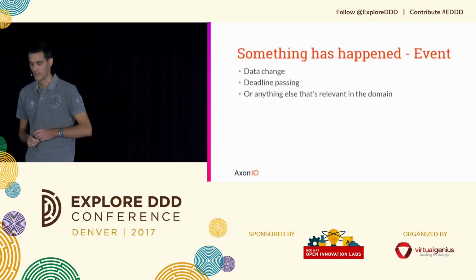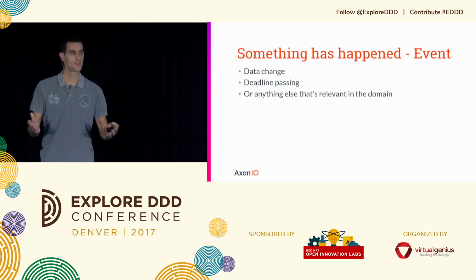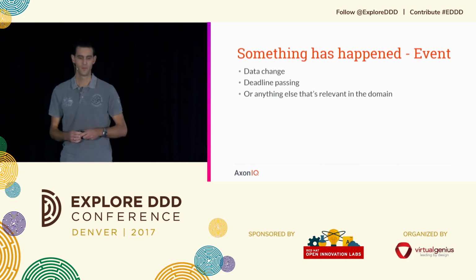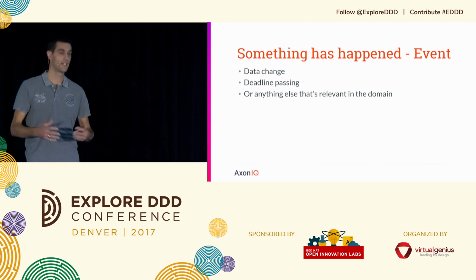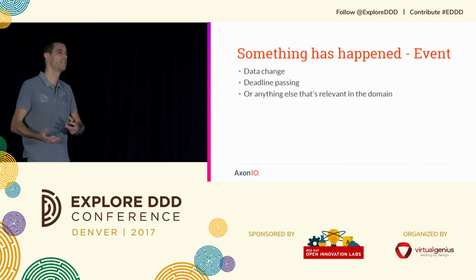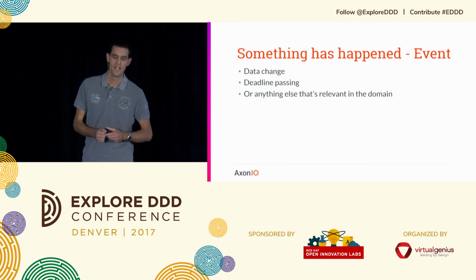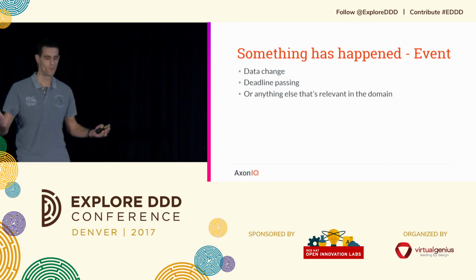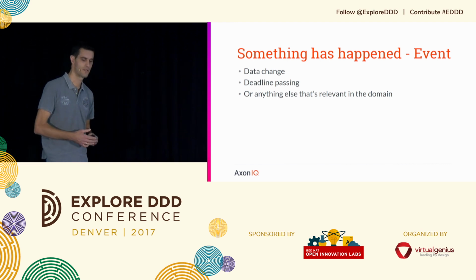So let's look at what these messages mean and how we can use them. Let's start with the obvious one, the event, because I know I can move on pretty quickly. An event can describe a data change, right? Some state change in the system. Maybe data change is not the correct term here, but it could be a deadline, right? Some wall clock time has passed, and that's important to us.